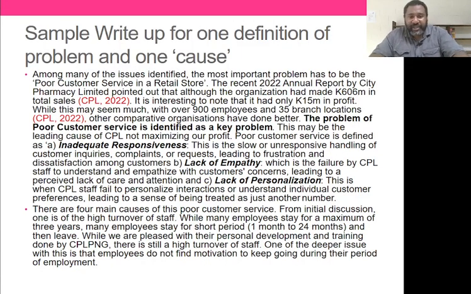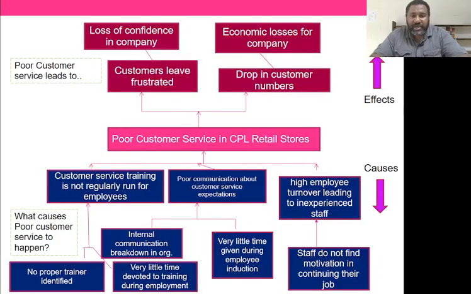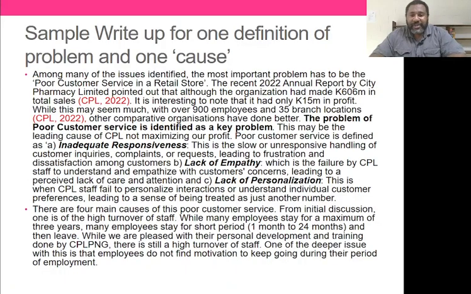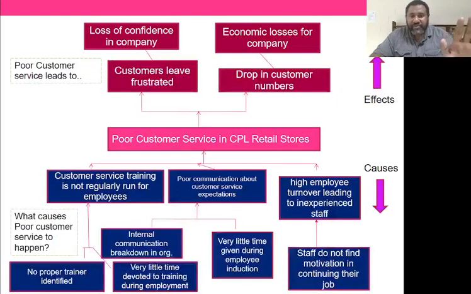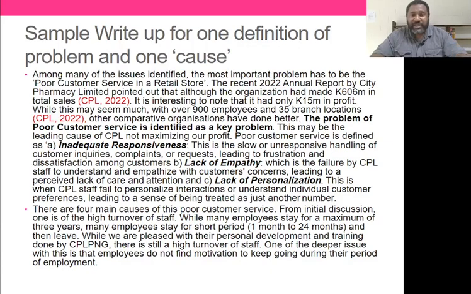I'm just writing about poor customer service, which is this one here. Again, there's a lot of things you have to think about and write. But if you do the problem analysis well, what you are doing in the write-up that you will submit to me is just explaining what the problem tree has.